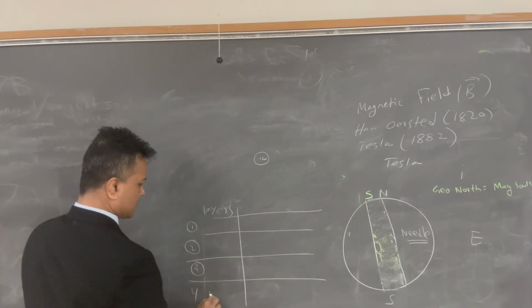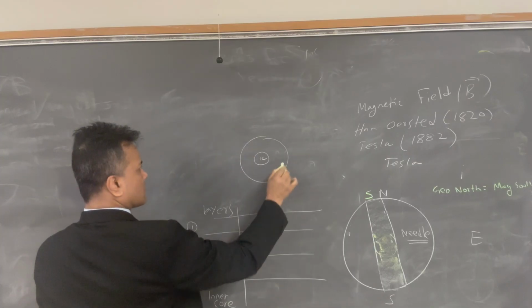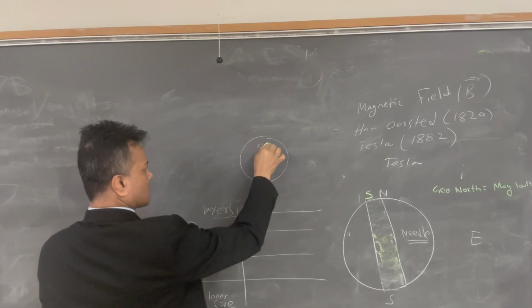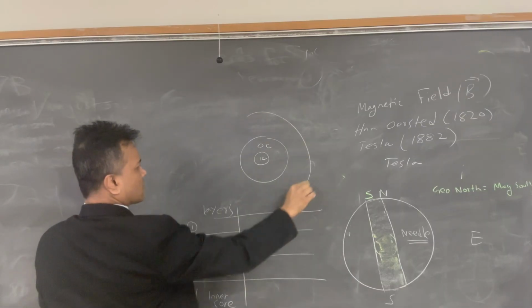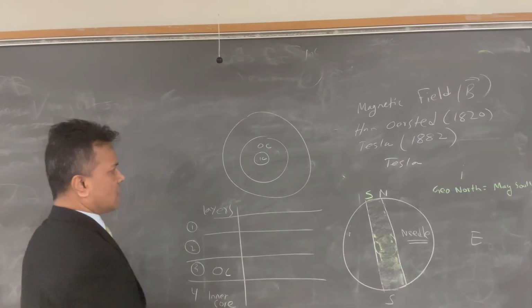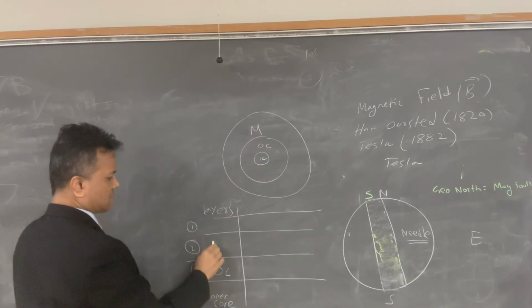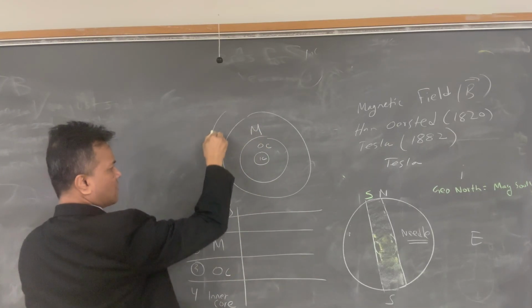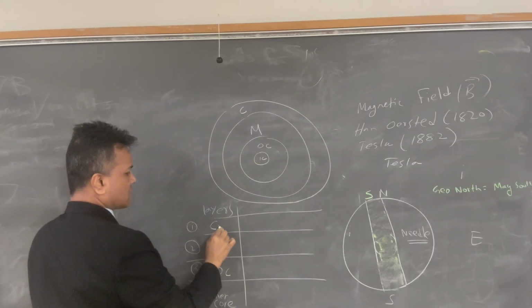So inner core, and this is outer core. This is what we're going to call mantle. And this is what we're going to call crust.